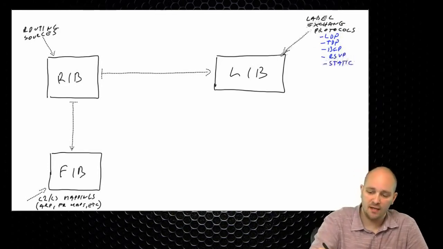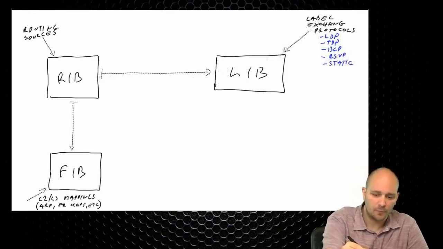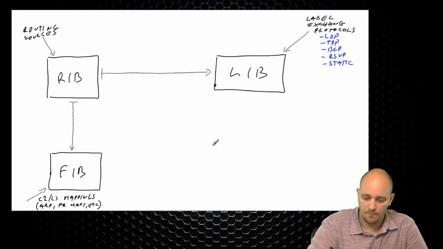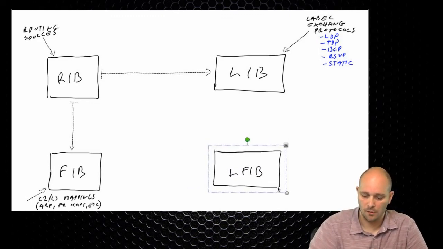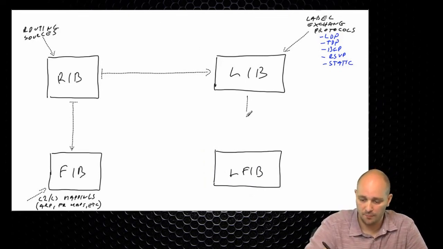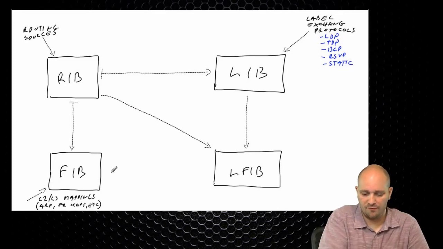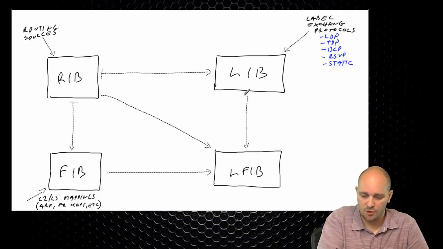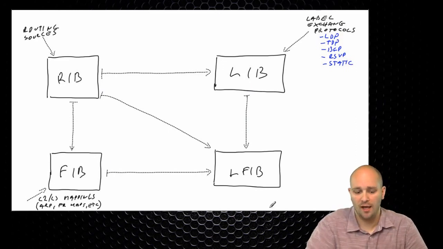So all these feed information into the label information base, and this information then, in combination with the data coming from LIB, RIB, and FIB, actually feeds the information into our LFIB.